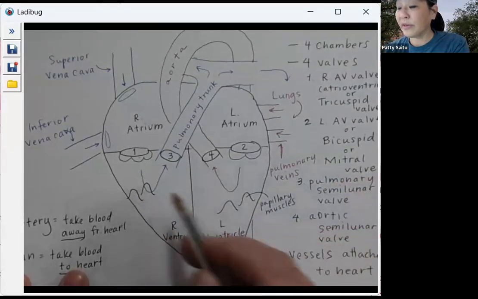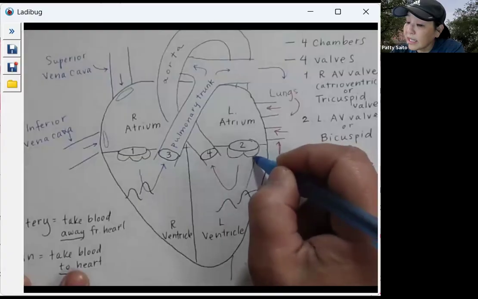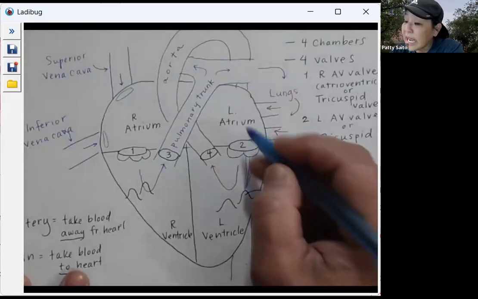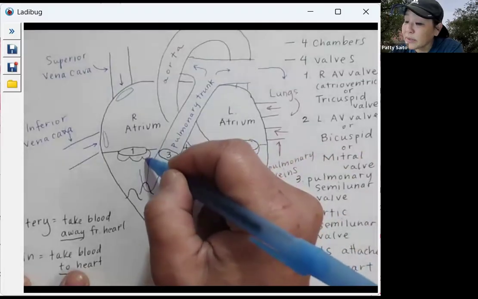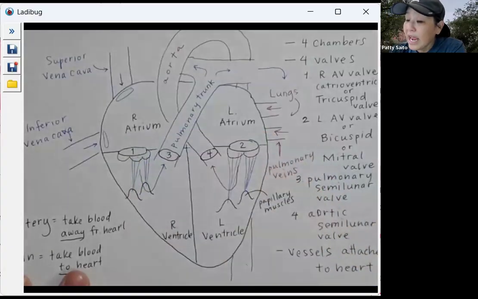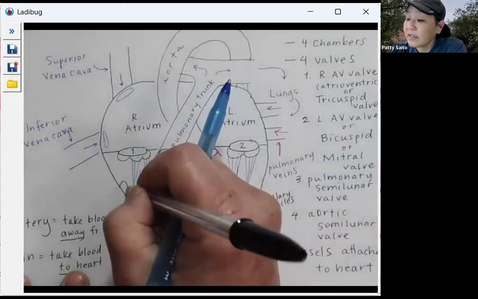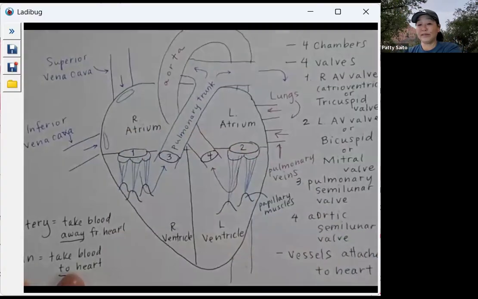Okay, and there's a bunch of them sticking out from inside. Attached to the papillary muscles are these little tendon-like cords that attach to the cusps of the AV valves. Okay, it looks like a little parachute kind of.